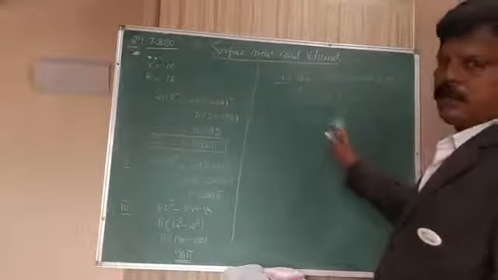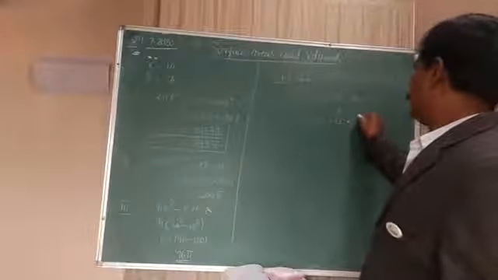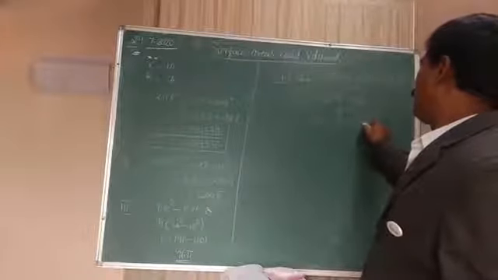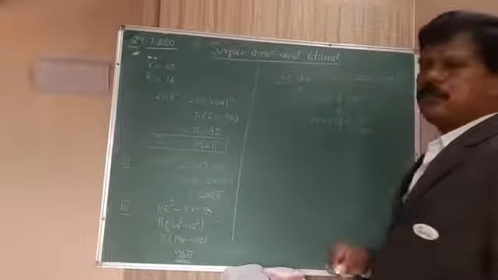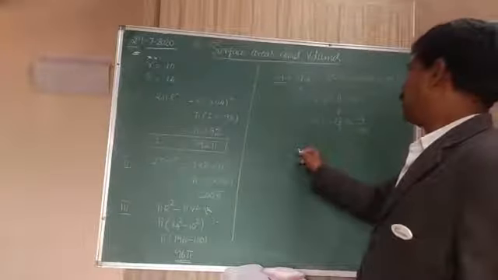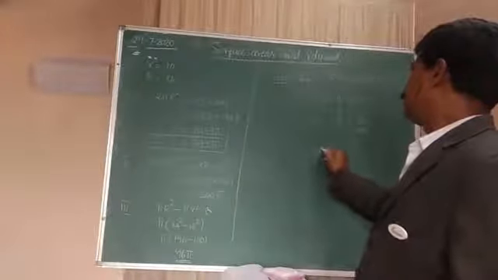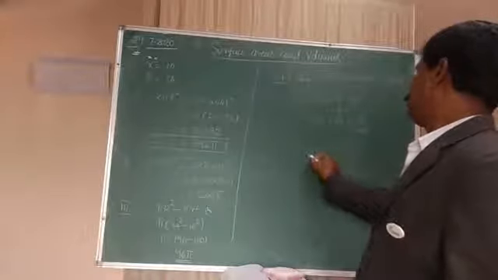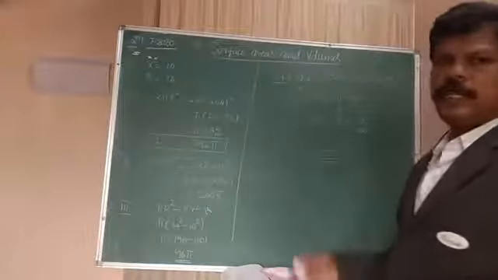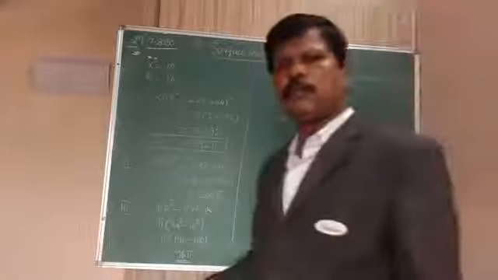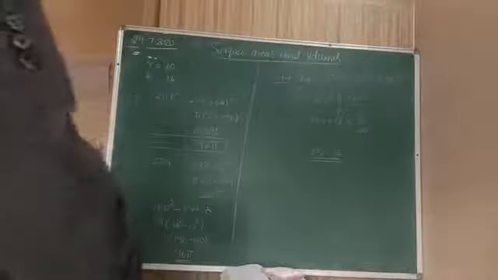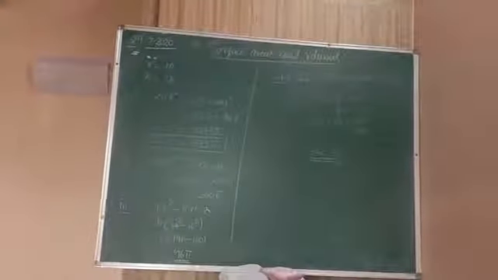And this is multiplied by 14 paise by 100 to become rupees. So when you multiply this, you will get 302 rupees 72 paise. So in this way also you can do the problem. Clear? So this is one way of solving the problem.